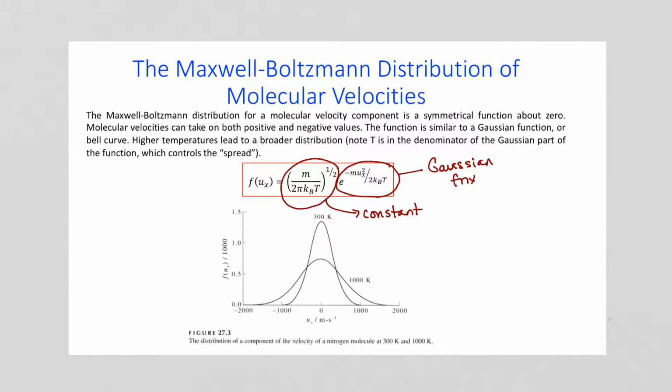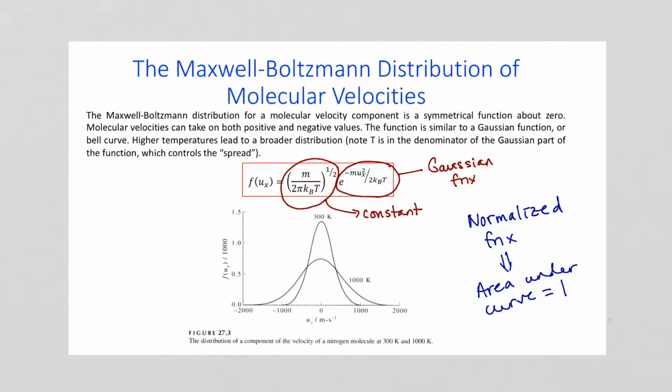The other thing I want to point out with this function is that it is normalized. So what does that mean? This is a normalized function. All that means is that the area under the curve is equal to 1.